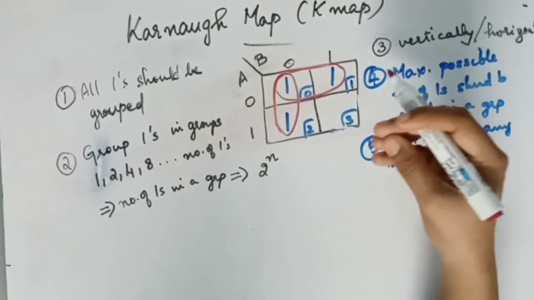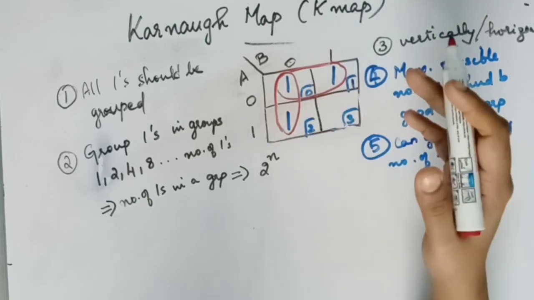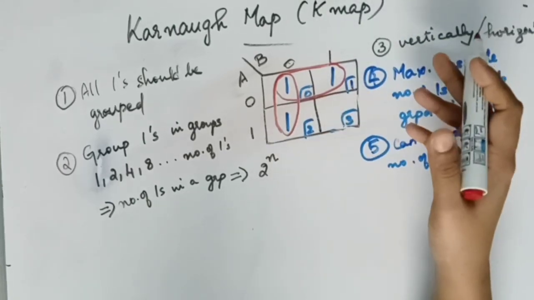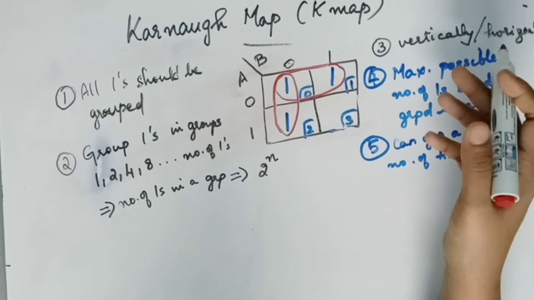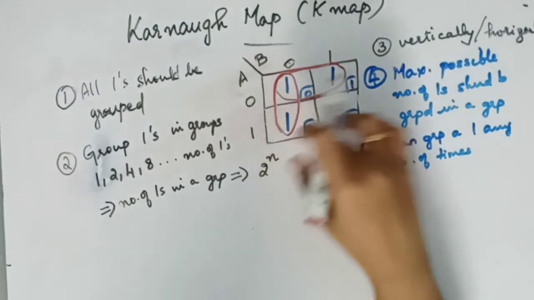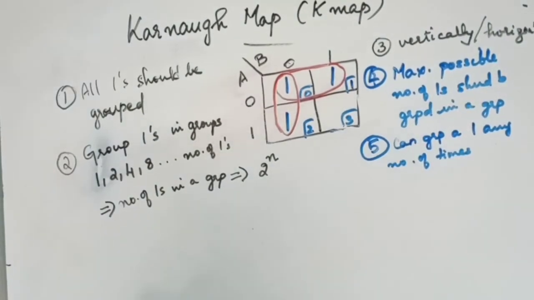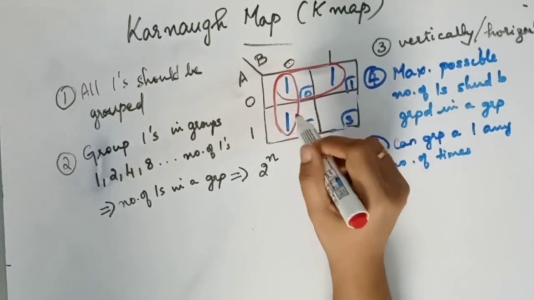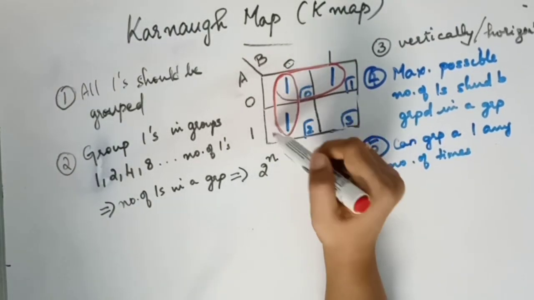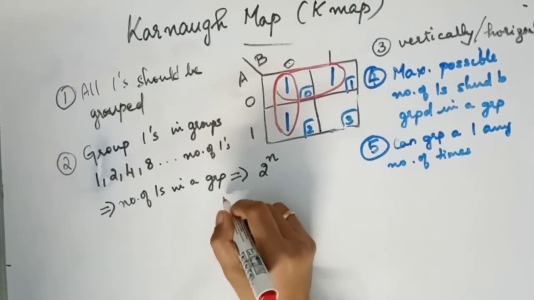So don't use a particular one to group if it's not necessary. Just for the sake of grouping, don't do it. But if it's necessary, then group it. So this is my answer. So how do you write this? So for each group you have to write. So this particular group, how do you write?